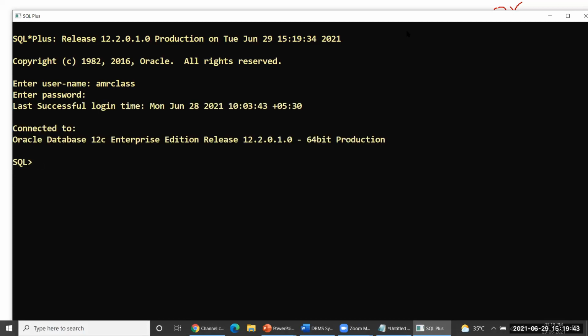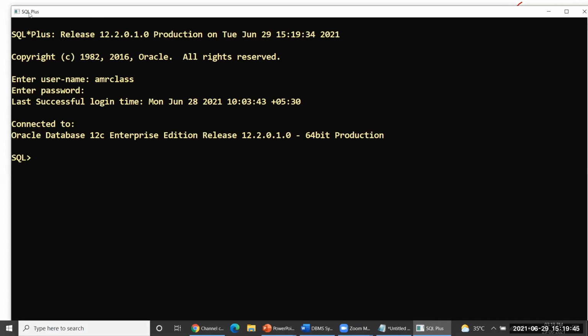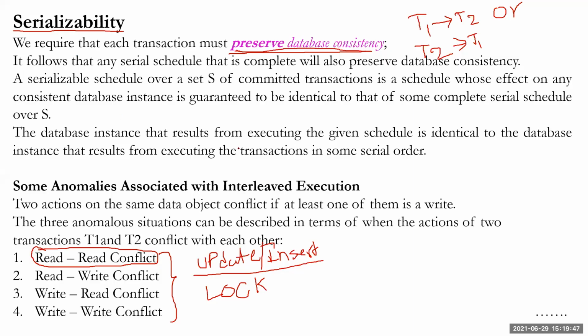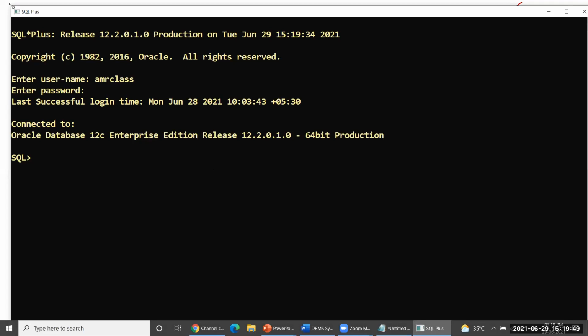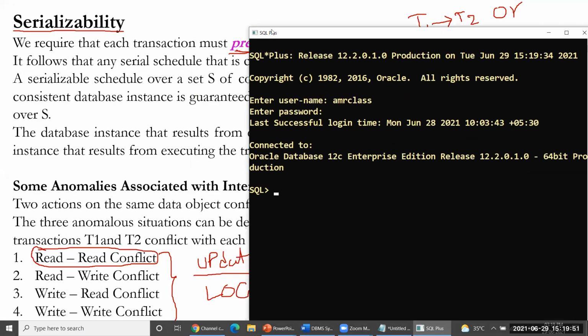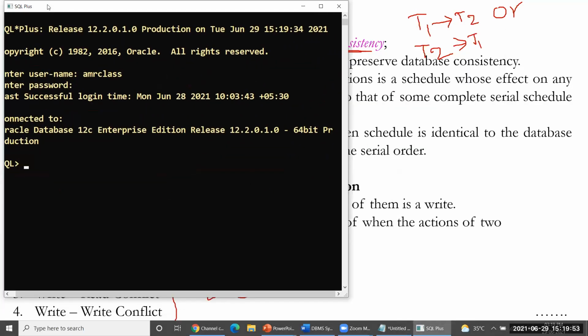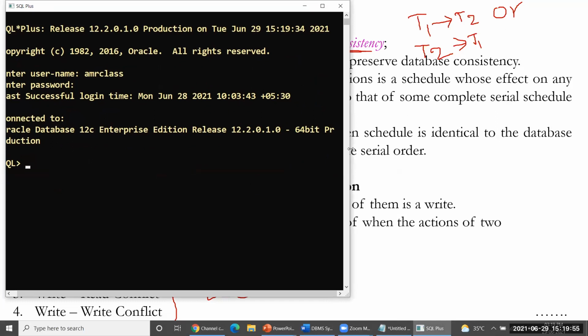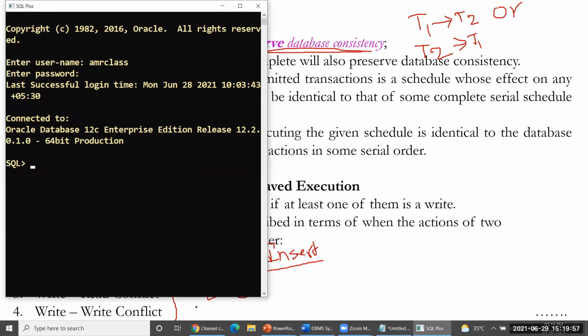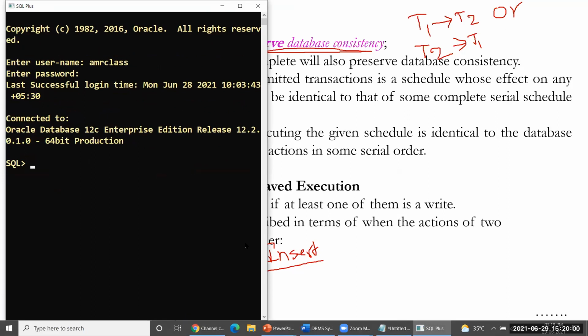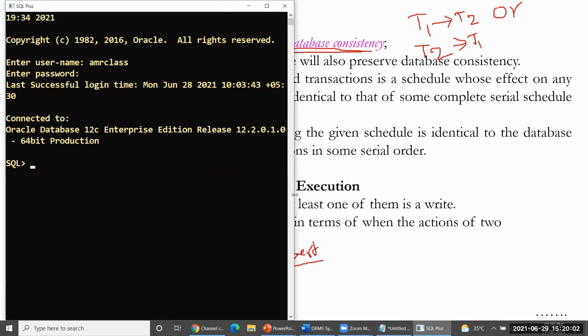Consider that two different users are executing on the same database. Let us take it in such a fashion, then we will understand what the conflict is.